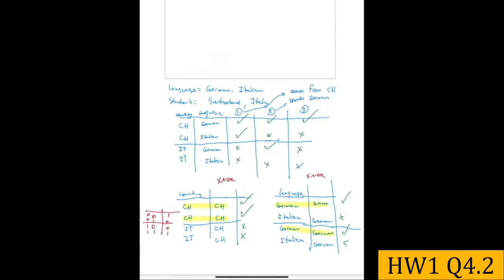If you assume that true is going to be encoded with 0, and false is going to be encoded with 1, and then let's say that you have here 0, 1, and Switzerland is encoded with 0, and Italy is encoded with 1.